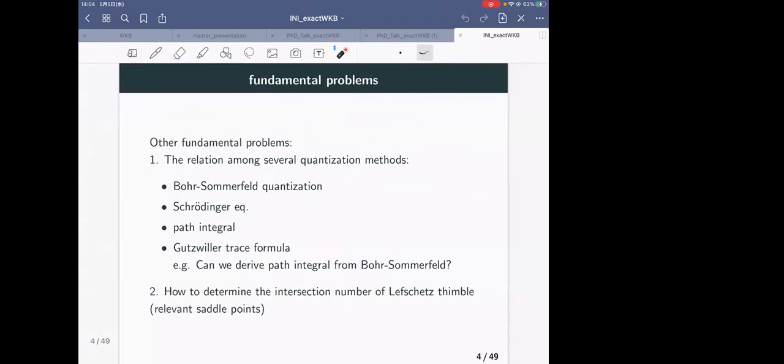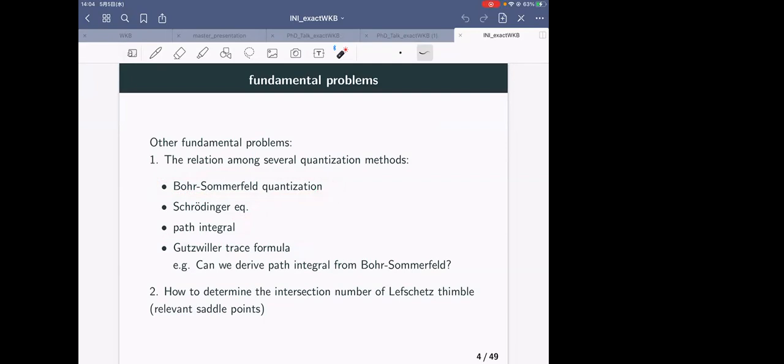And also there are other fundamental problems. So in physics, there are many quantization methods. The oldest one is this one, Bohr-Sommerfeld quantization, and the Schrödinger equation, and the modern one is the path integral method. And the Gutzwiller trace formula is like between Bohr-Sommerfeld and path integral.